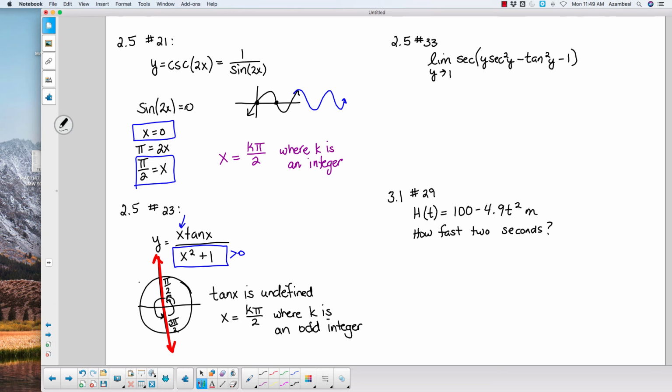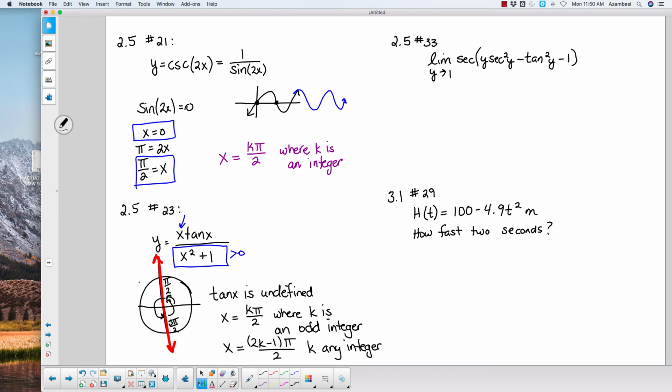So you can also, if you want to have k be any integer like we did last time, then you could call that 2k minus 1 pi over 2. So now it means that if k is any integer, the 2k minus 1 part forces it to be odd. So, there's an idea there.